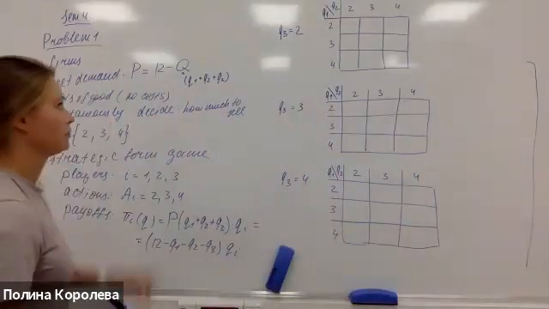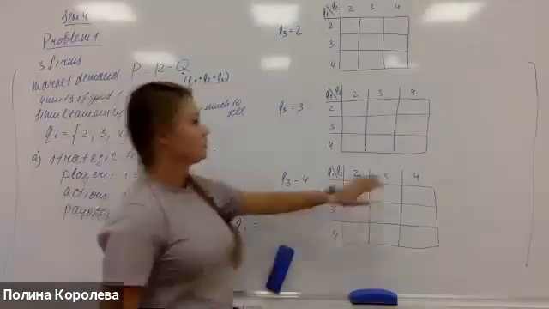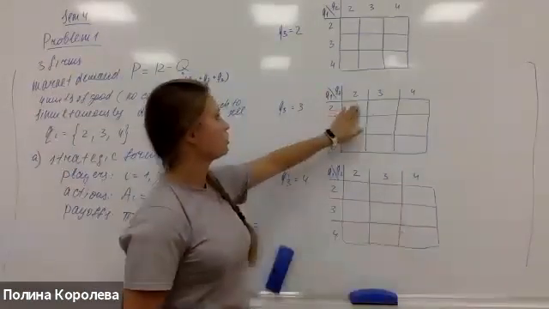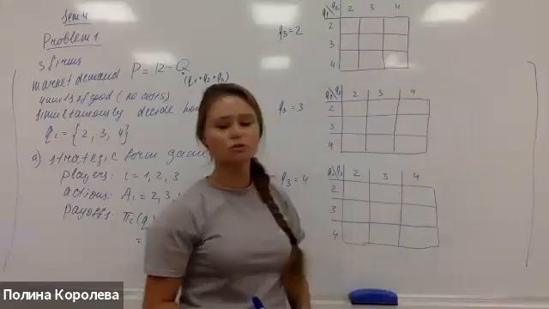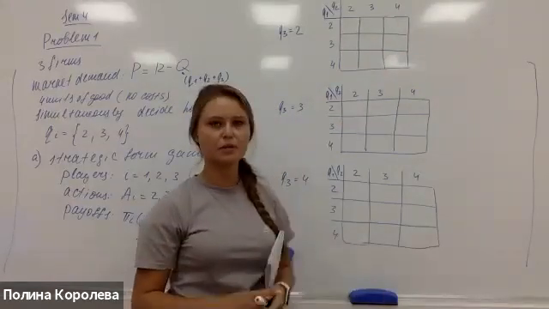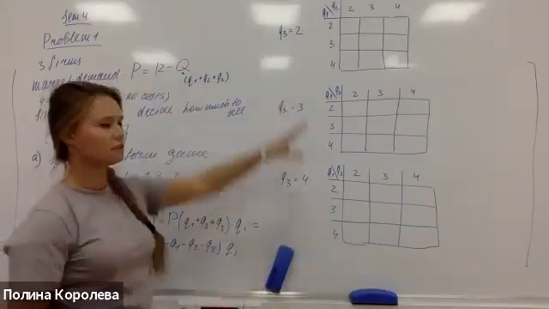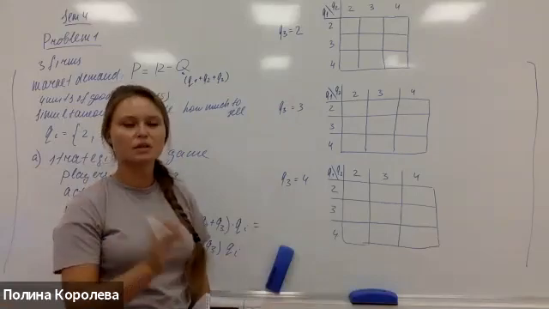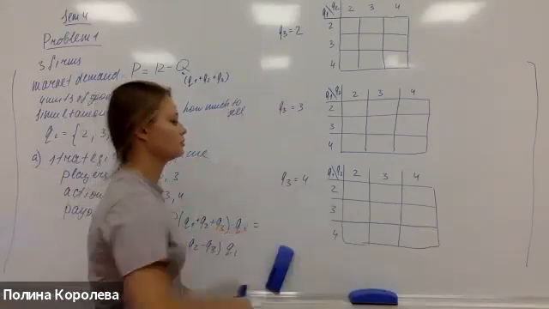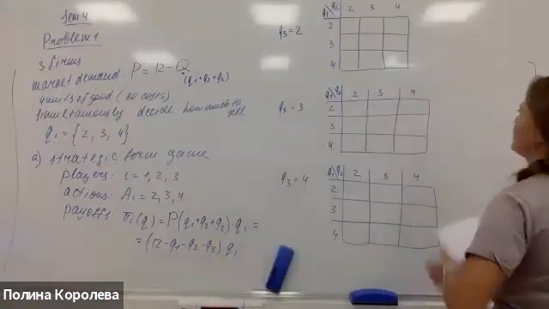So, okay. What should we write in these squares, in these places? We should write down payoffs. Payoffs are profits in different situations. I will show you two examples, and then we will write down very fast.